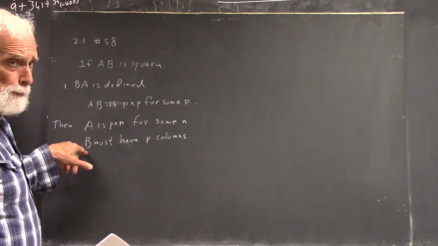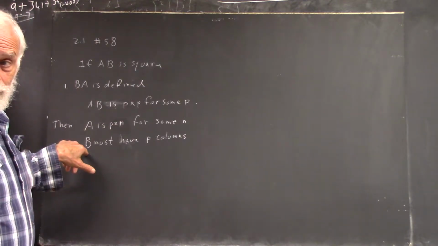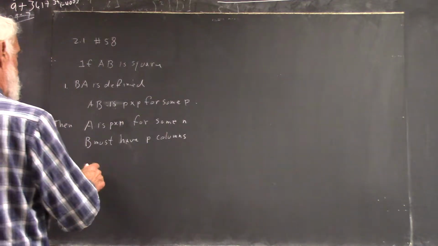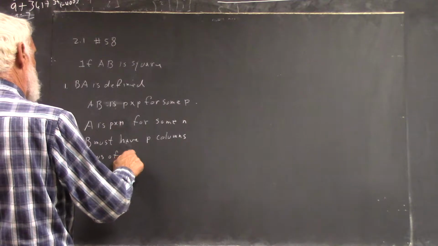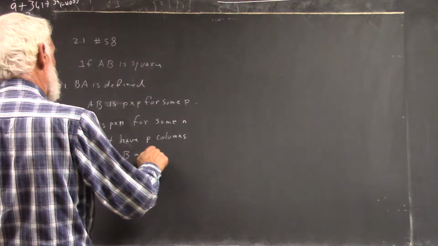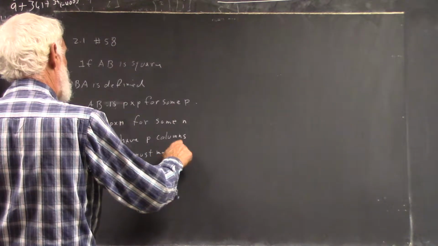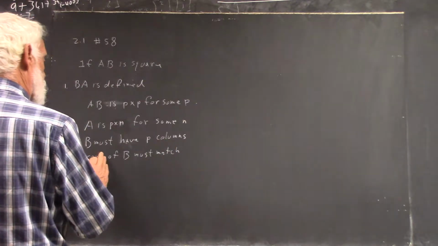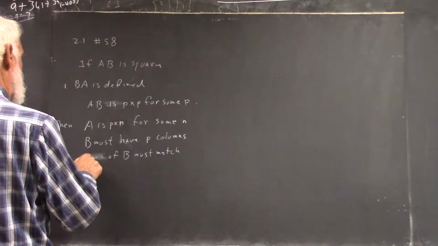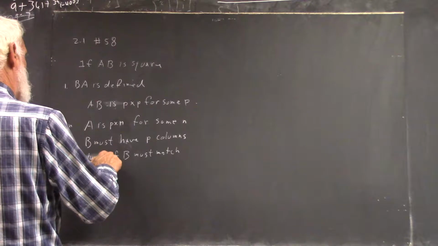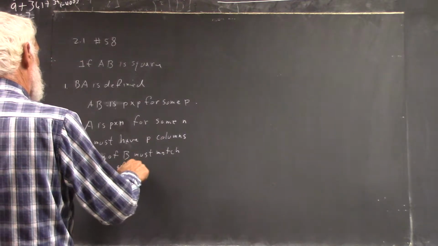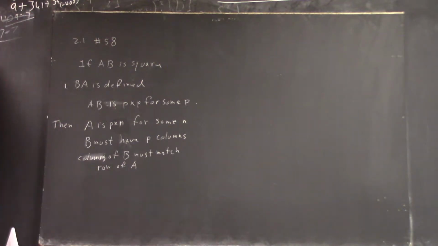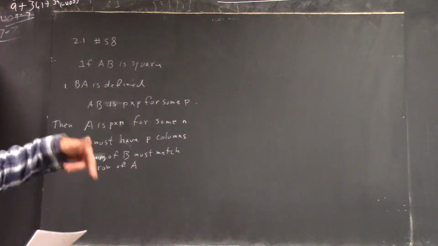How many rows does B have to have? The columns of B must match the rows of A. They have to have the same length.